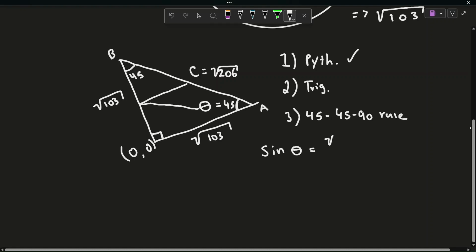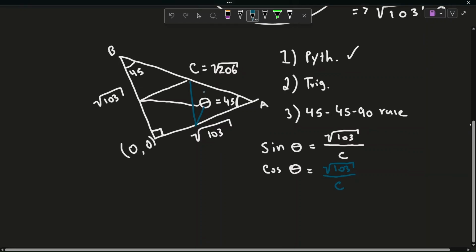So that's the square root of 103 over c, and the cosine of theta is equal to the adjacent over the hypotenuse, and that's going to be equal to the square root of 103 over c as well.